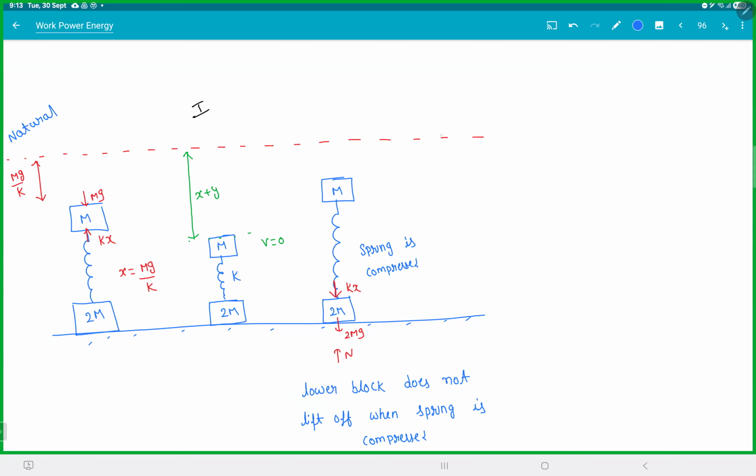So this block will continue to go up. It will reach the natural length. At this point, the spring has come to the natural length. Then the block won't stop there. It should still go further. Now, because you want the block to lift off, the block must have gone to extension.